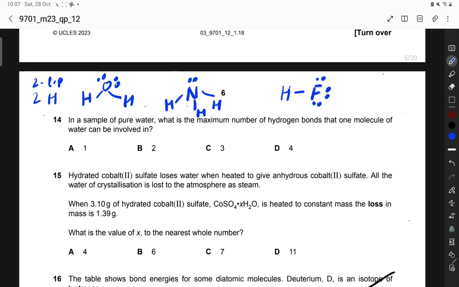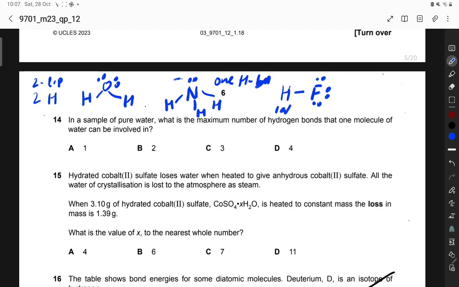So in nitrogen, 3 hydrogen and 1 lone pair. So ammonia per molecule has 1 hydrogen bond, while in this case 3 lone pairs surround the chlorine atom while 1 hydrogen atom.